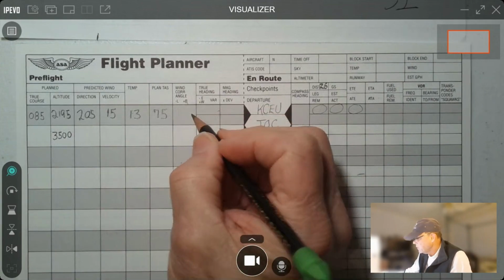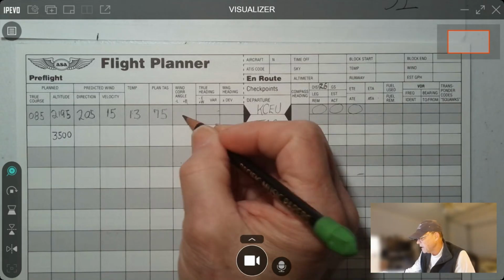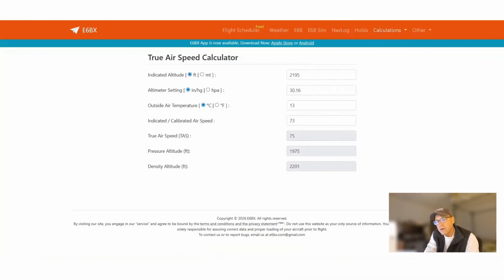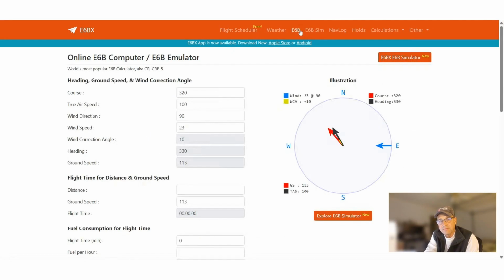Now then, to get our wind correction angle, we're going to have to go back to e6bx.com. Here, wind correction angle is not one of these calculations that we see in the drop-down box, like where we found true airspeed. It's actually a separate tab over here. Here we fill in the information requested, beginning with our true course, 085.